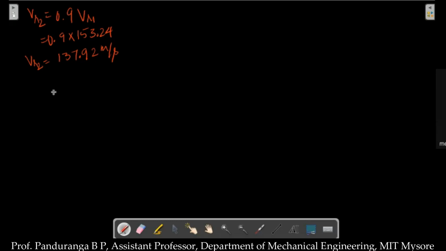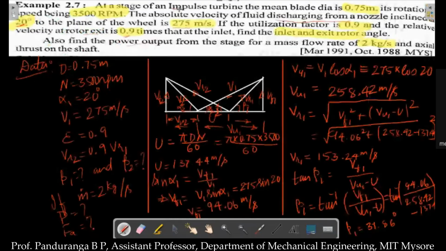To calculate V2, I'll utilize the utilization factor. The epsilon is given by V1 square minus V2 square divided by V1 square minus R into V2 square. And if you see the problem, it says that it is an impulse turbine.